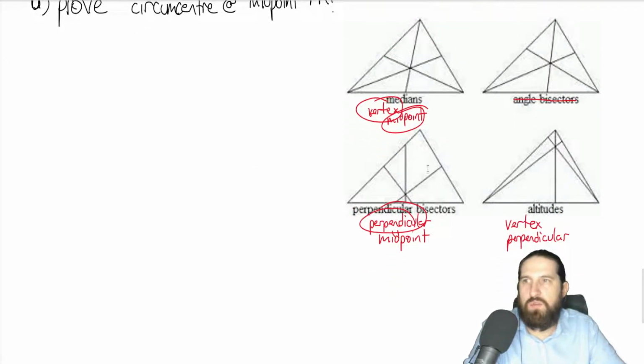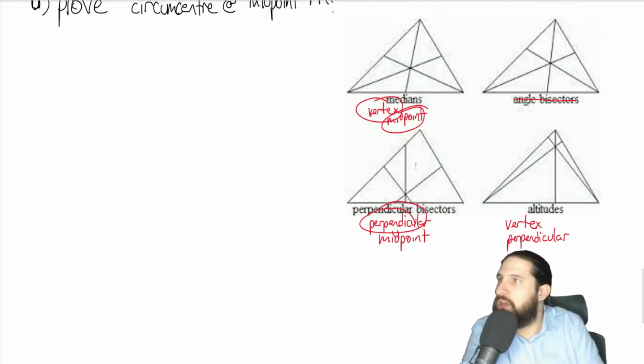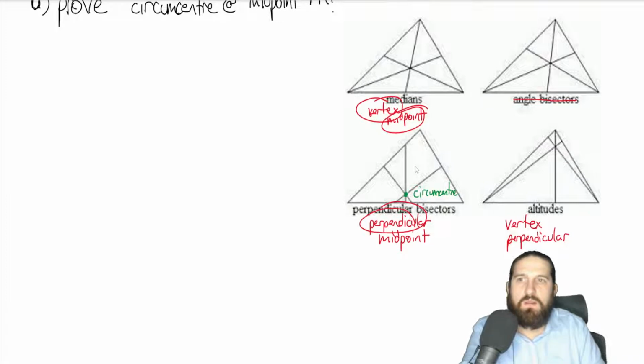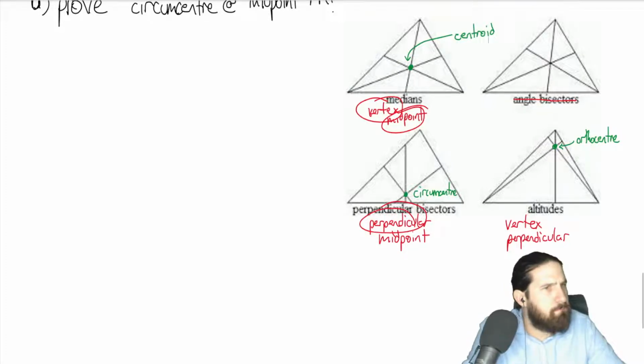So what we're looking for, so this here is our circumcenter. This is our orthocenter. And this is our centroid. I believe that is the case. Confirm that here.